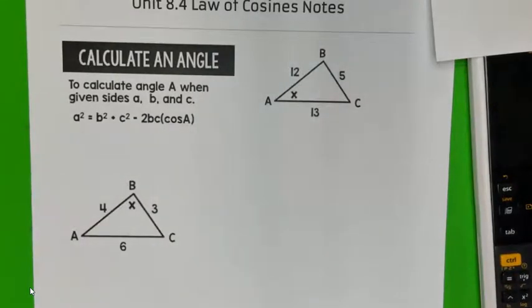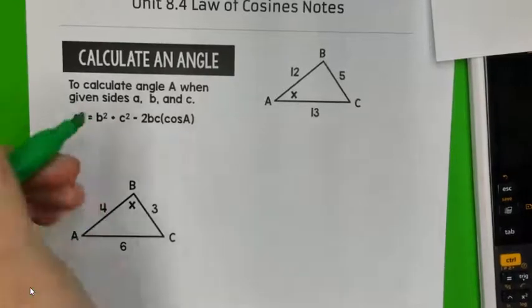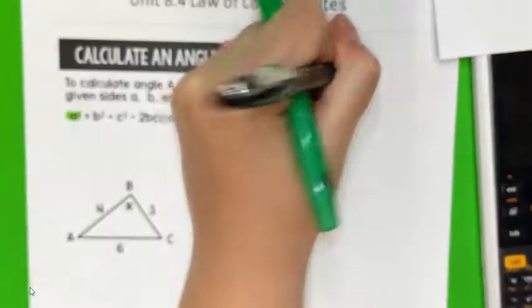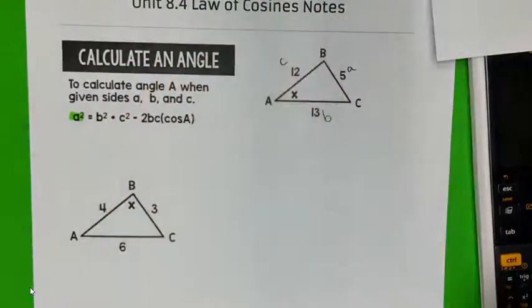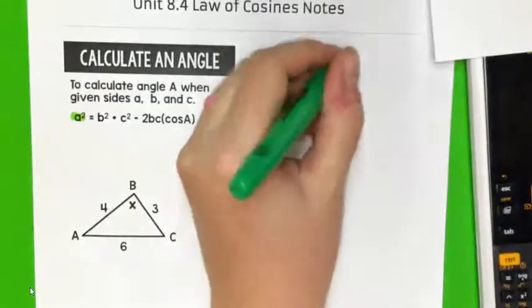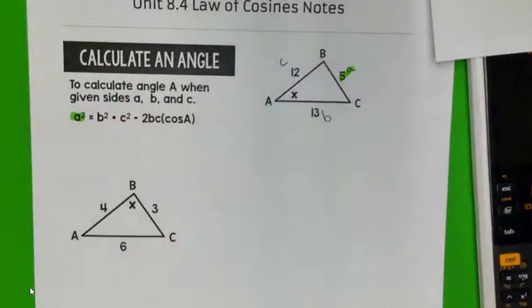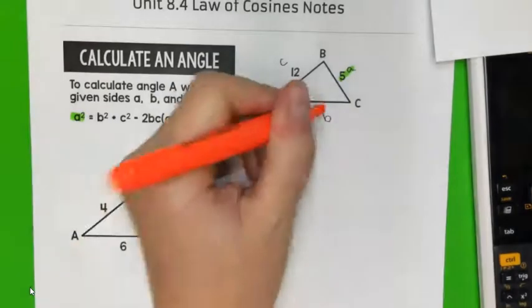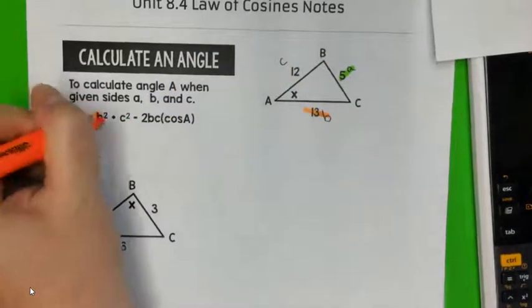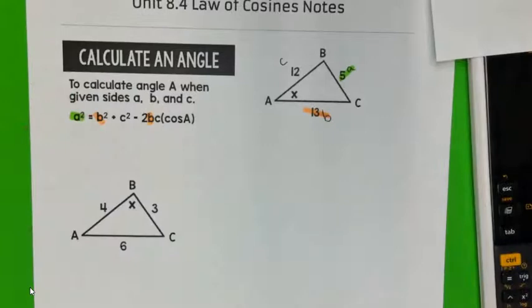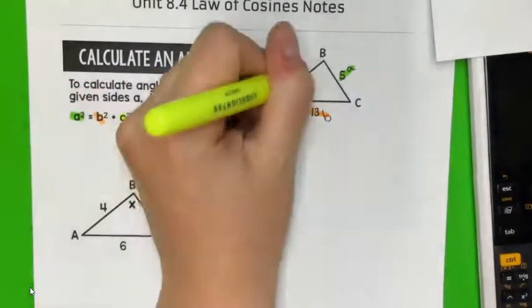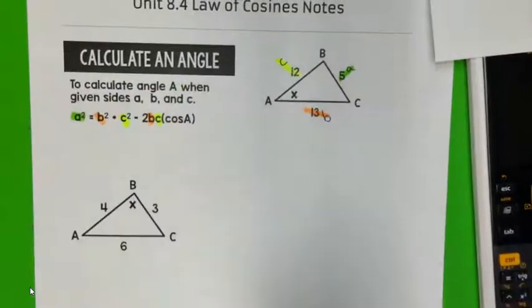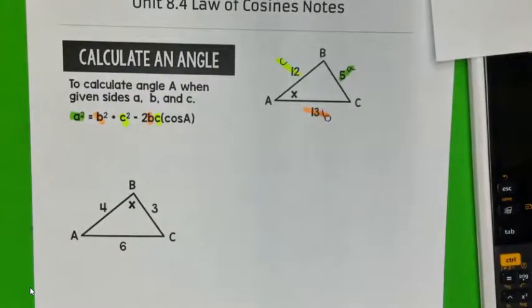If I highlight these, this is my A side, across C, across B. A is here. My B is here and here. My C is here and here. And that's what we're looking for, the A.